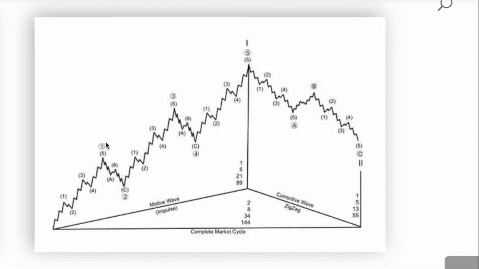So it goes 1, 2, 3, 4, 5, A, B, C. And so within your charts, like your different time frames, you can see this pattern play out over and over again.